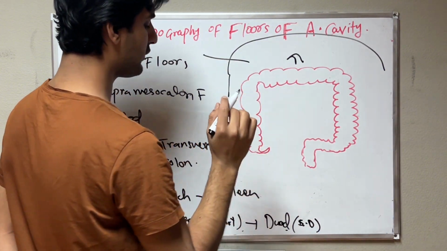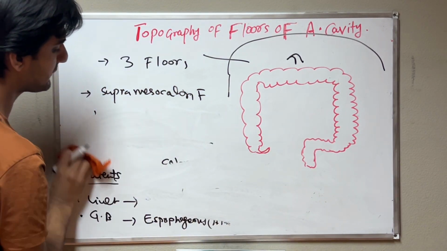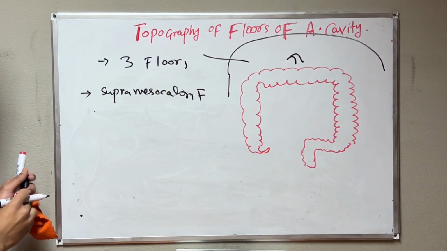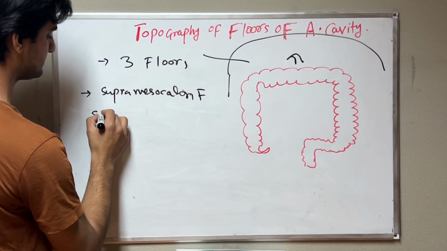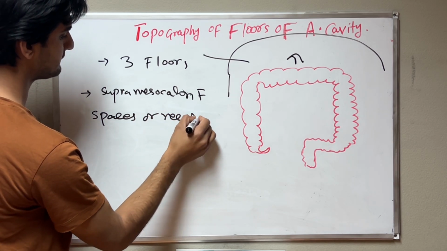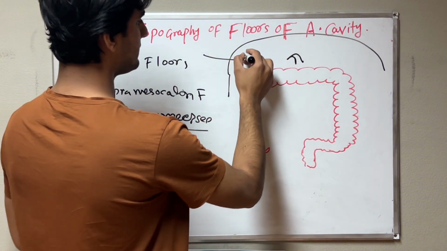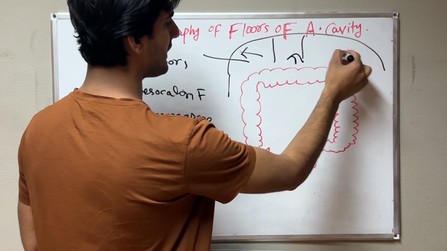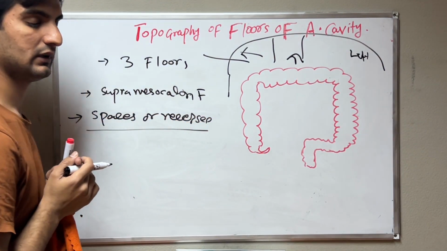Here we have four spaces. We also have spaces in the supramesocolic floor. If you remember, this is the right lobe of the liver, and this is the left lobe of the liver.